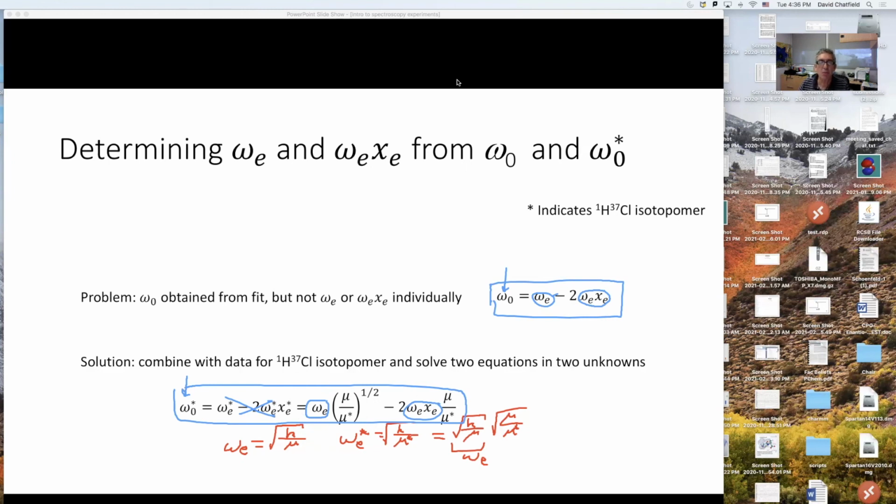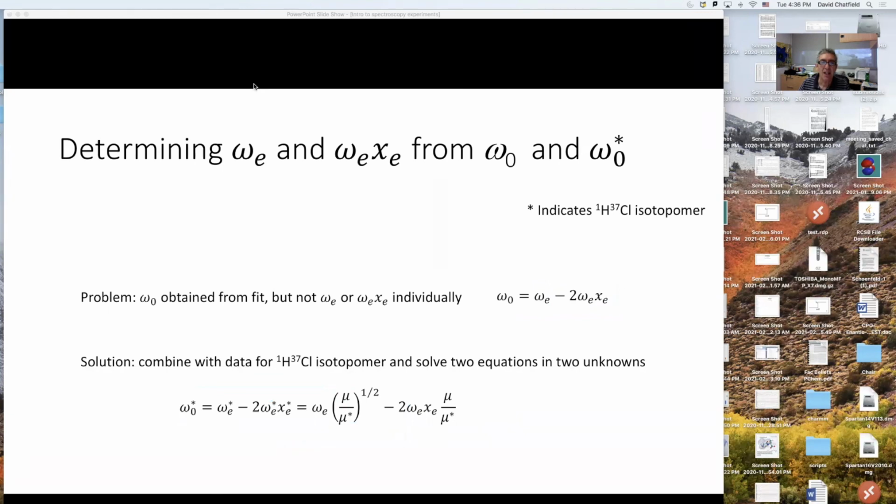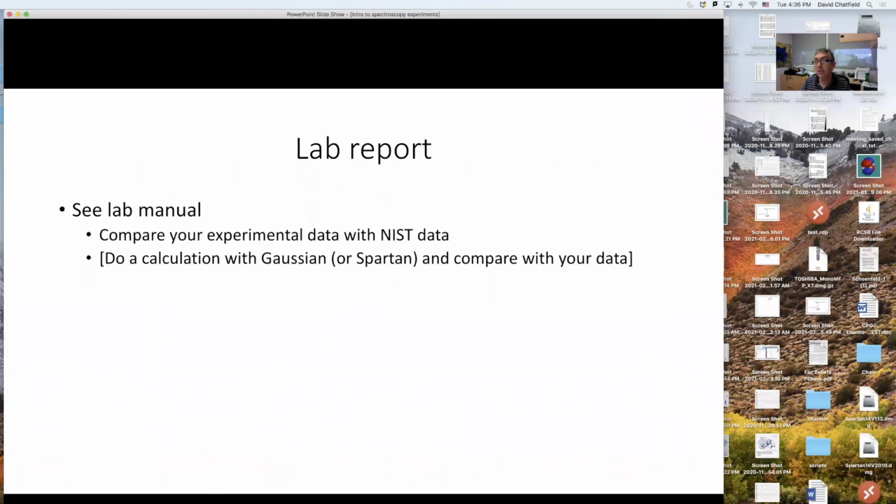So those are the principles, and you will be either measuring in the lab, or if we're not able to do that, you'll get a data file with all of the peaks. In your lab report, you will do your fit from all of the data, and you'll compute all of the spectroscopic constants.